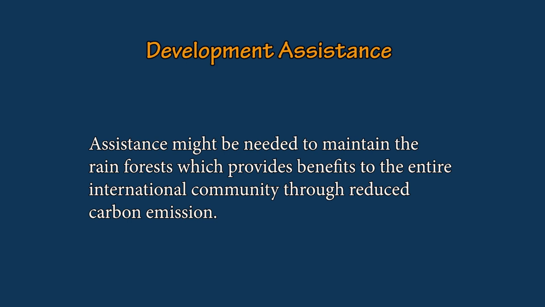For instance, assistance might be given to maintain and preserve the rainforest. If you are putting money into preserving the rainforest, it gives a benefit to the entire world, not only to the developing nations. So in a way, you are contributing to the well-being of the entire world. So developed countries can think of this kind of assistance.